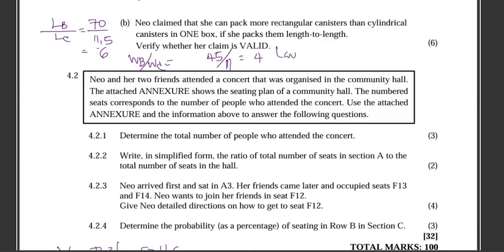Then the layers, height of the box divided by the height of the can stand, which becomes height of the box, 27,5, divided by 13,7.